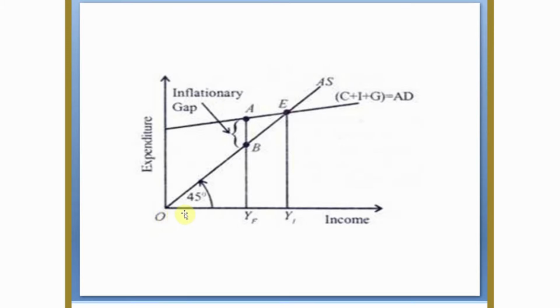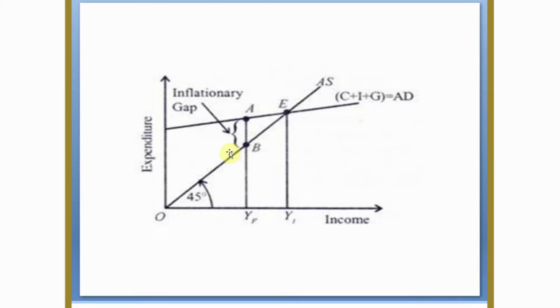See here, when output reaches the YF level, YF means output at the full employment level. Here the expenditure made by the government is up to point A. This AYF is the expenses of the government, but to get equilibrium, this AD curve is supposed to intersect at point B, not at point E, because at point B the economy has reached its full employment level.